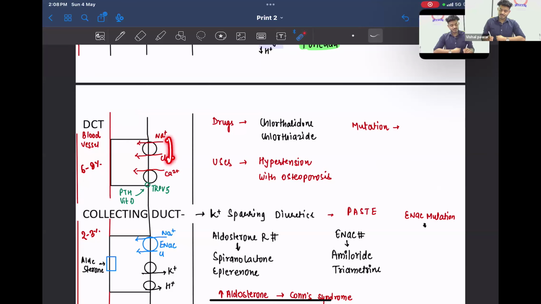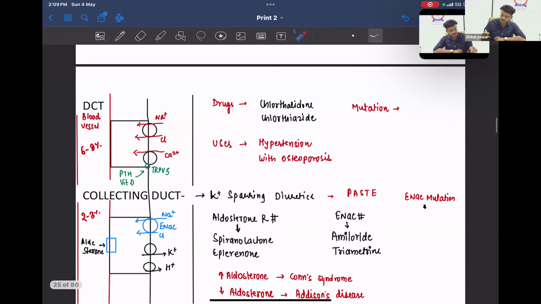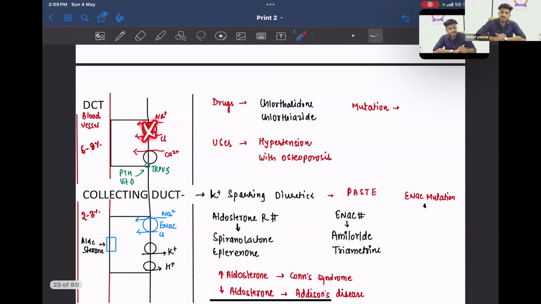No. If the sodium is not coming inside, it is going out into the urine, and we can remove the fluid from the body over here, right, by blocking this sodium chloride pump.